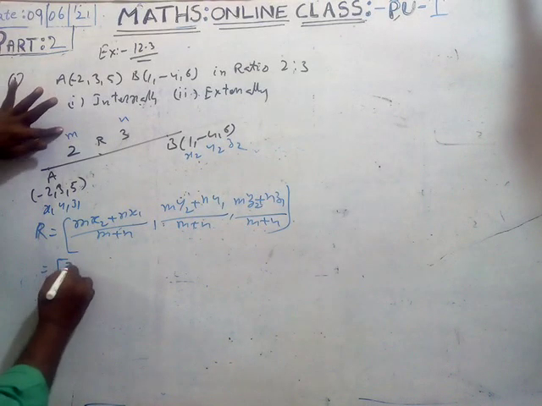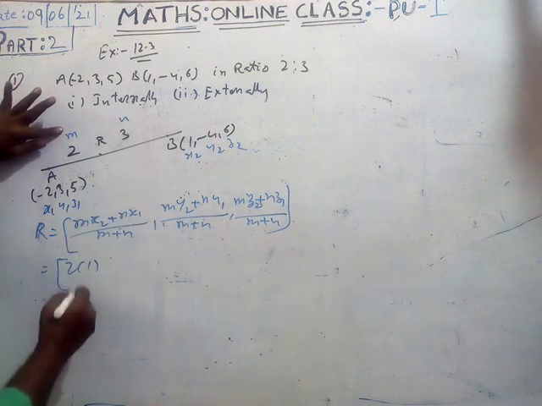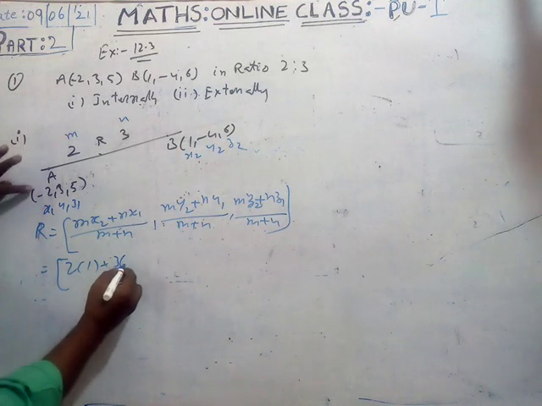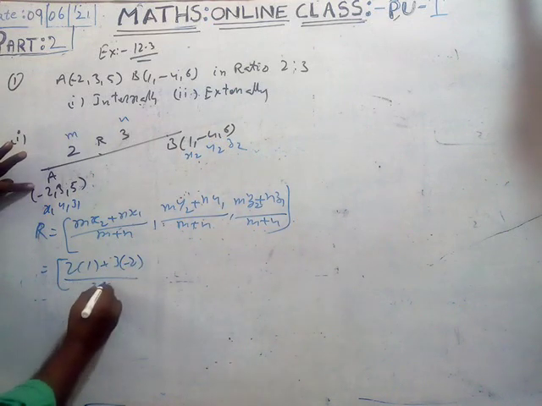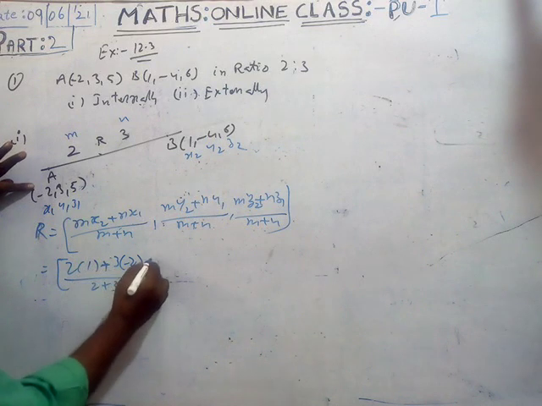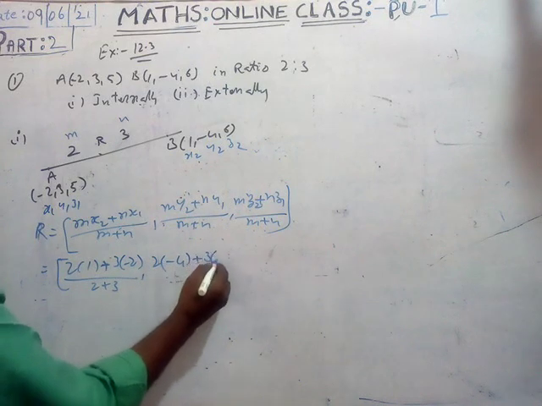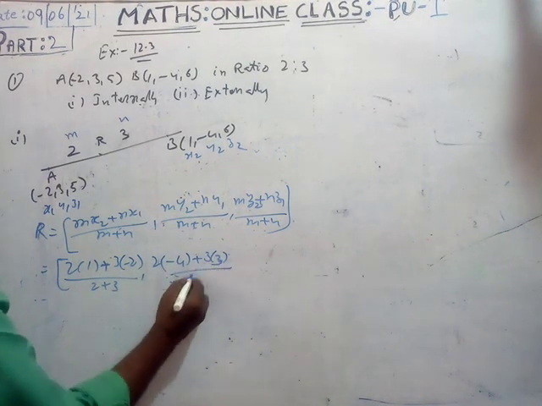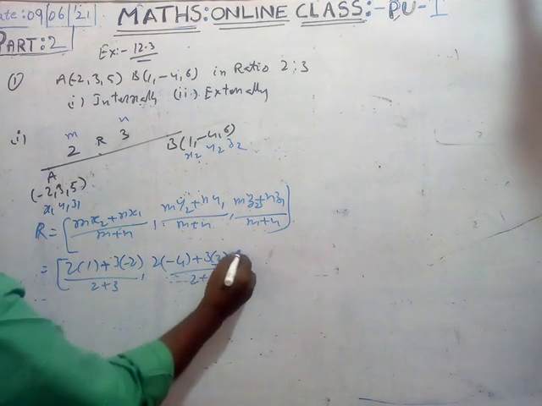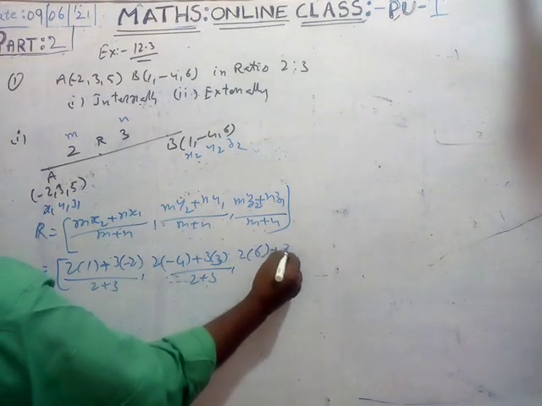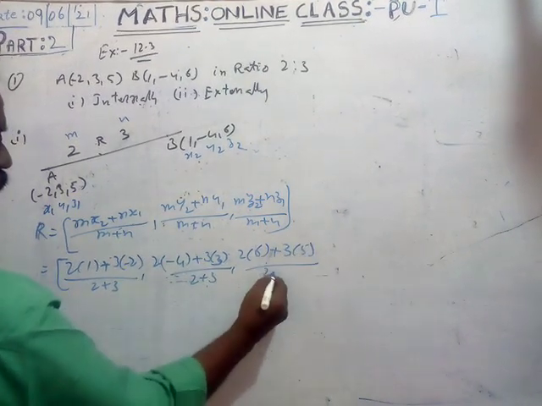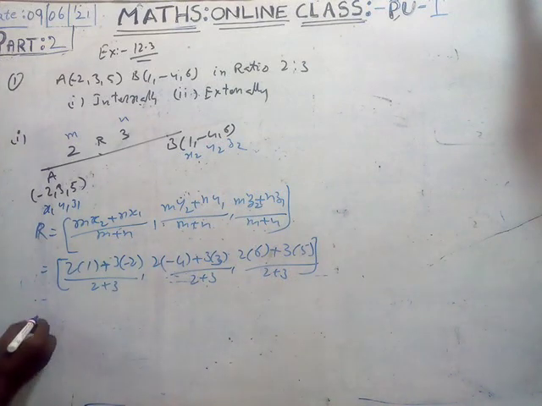M is 2, so 2 into 1 plus 3 into minus 2 by 2 plus 3. 2 of minus 4 plus 3 of 3 by 2 plus 3. 2 of 6 plus 3 of 5 by 2 plus 3.